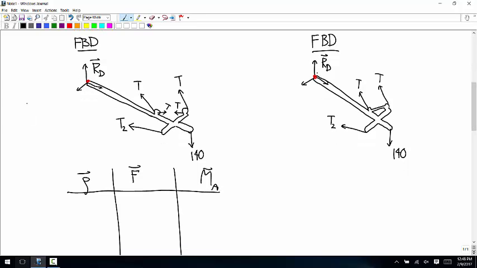Okay, so first of all, this force RD, what's the rho vector for the force RD? Zeros. The force vector is RD X, Y, and Z. And if you take that cross product, you get a zero moment.